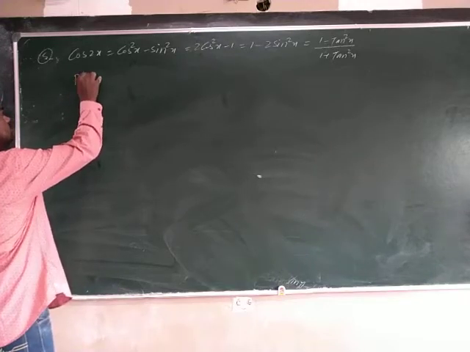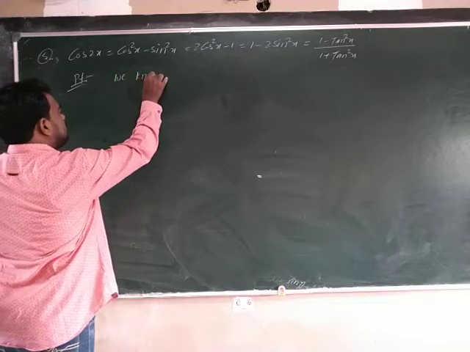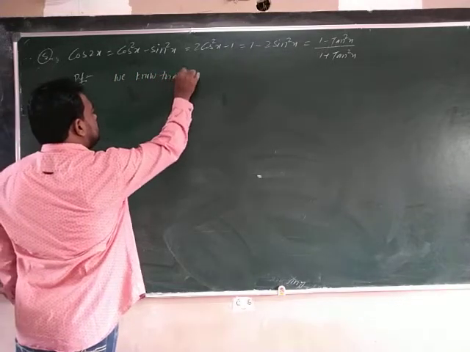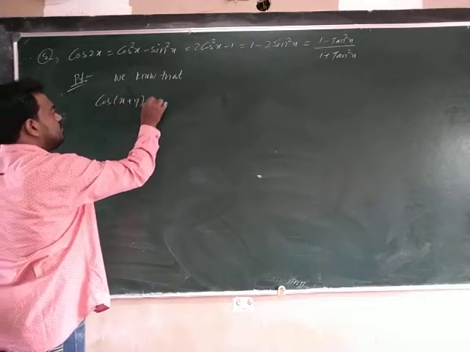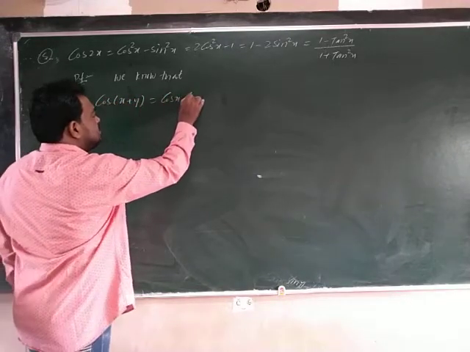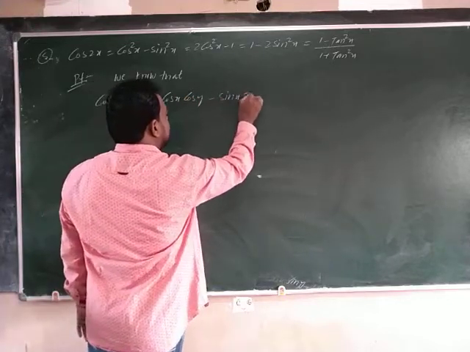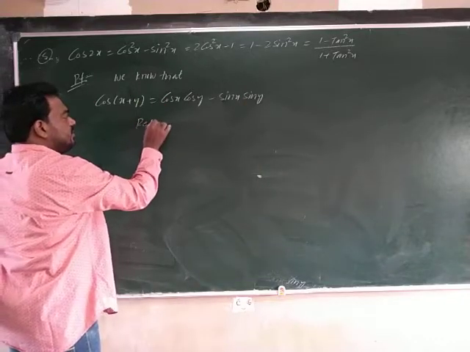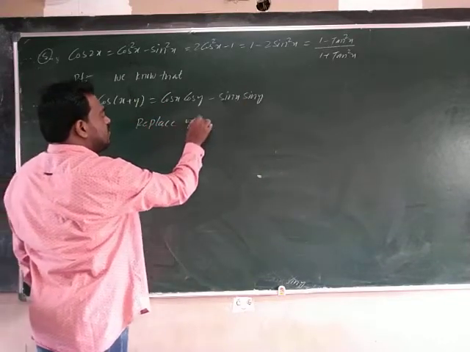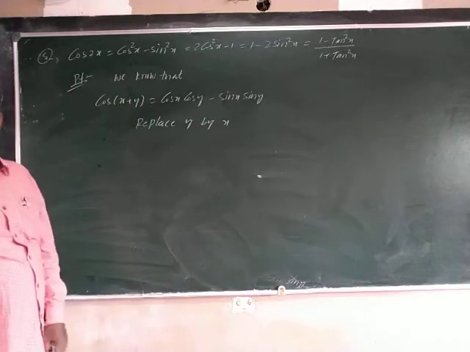Proof or solution. We know that the cos of (x plus y) formula is cos x cos y minus sin x sin y. Right? Now replace y by x. That means in place of y I am substituting x only.